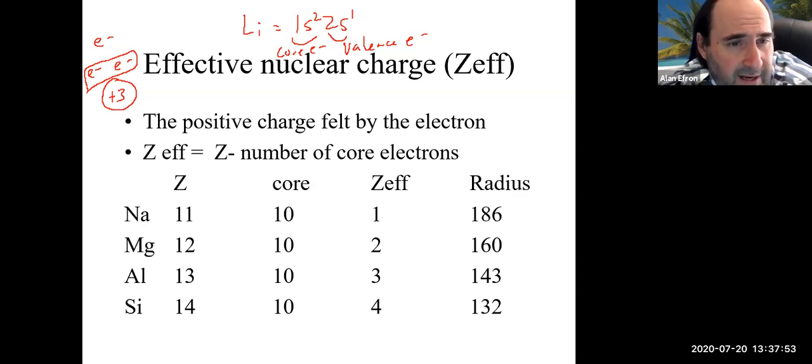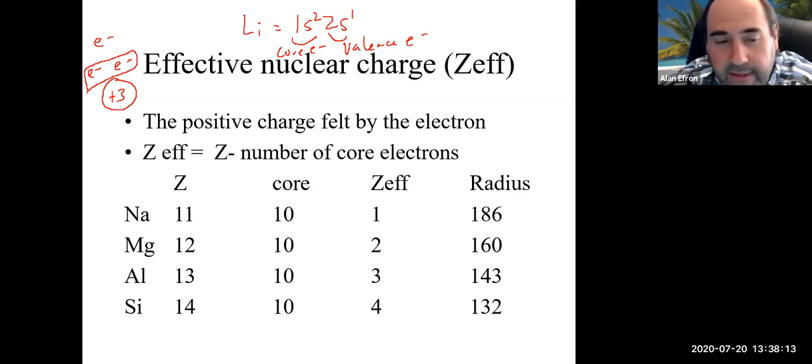Something with a +2, -2 attraction is stronger than a +1, -1 attraction. So those electrons closest in, representing the core electrons, really do feel the full brunt of that positive charge, and they're going to be held a lot tighter because of that.